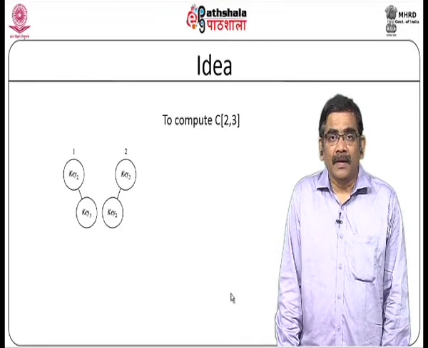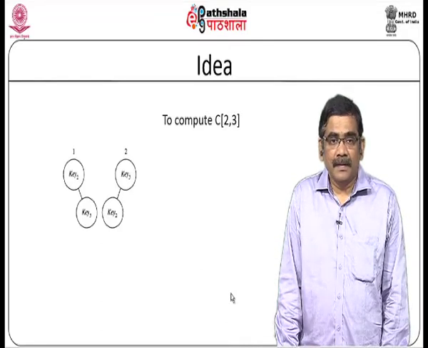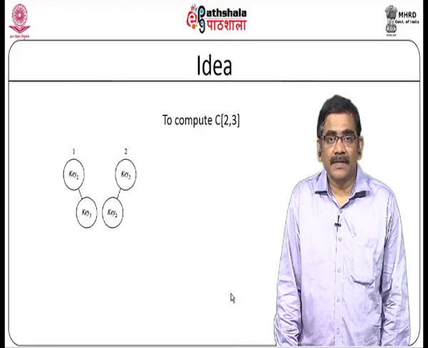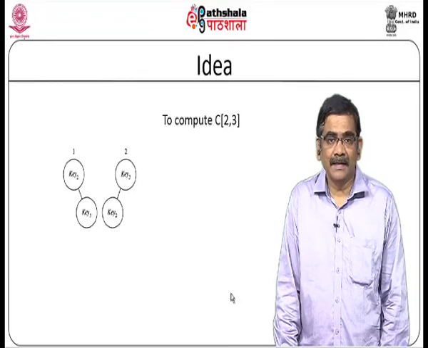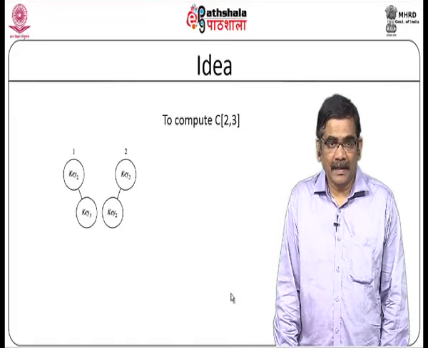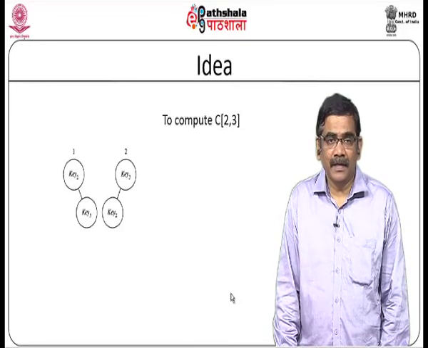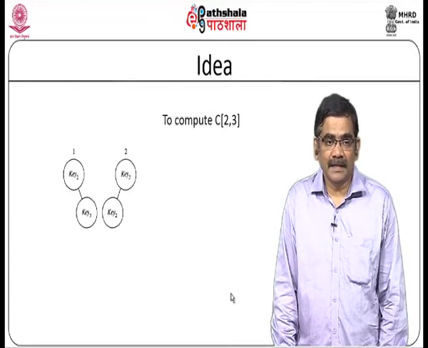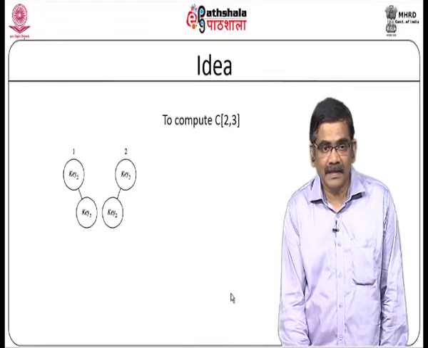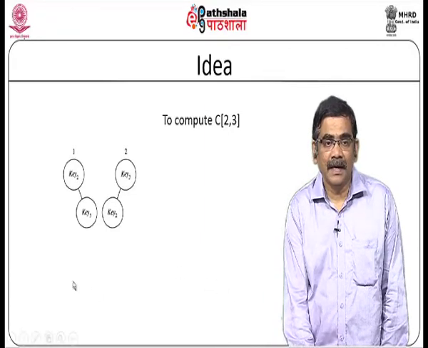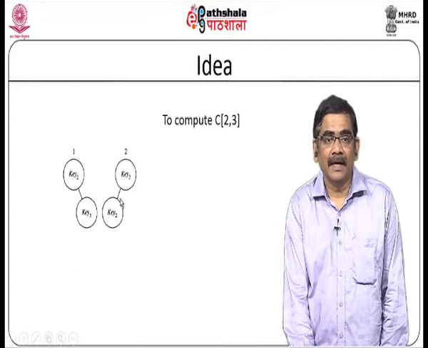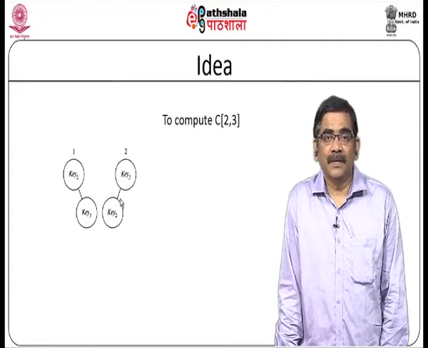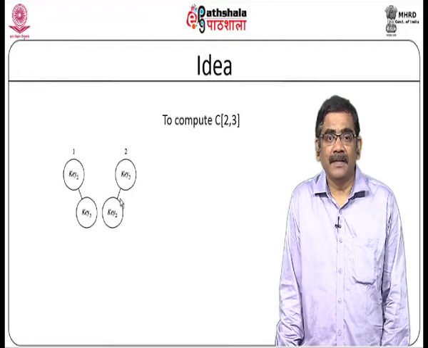Fine. Now, we will take one simple example of how to construct the cost of C of 2 comma 3, where key 2 as well as key 3 is given. Probably now you can recollect that there are only two keys, key 2 and key 3. So, what are the possibilities? Two possibilities are there. On the left hand side you have one possibility and on the right hand side you have another possibility, by sticking to the norms of the binary search tree.